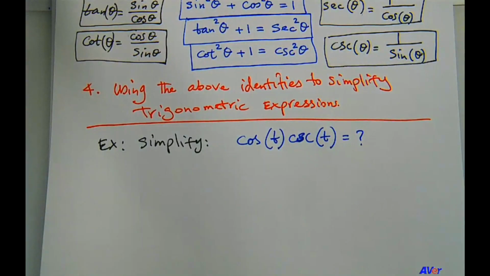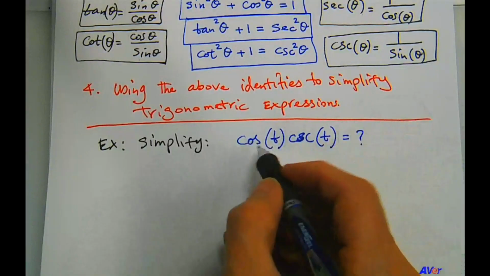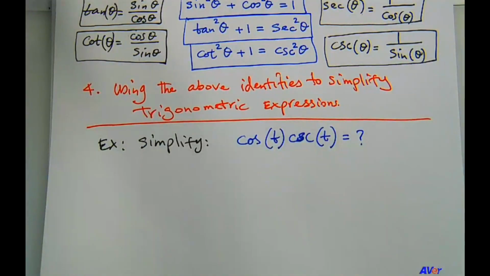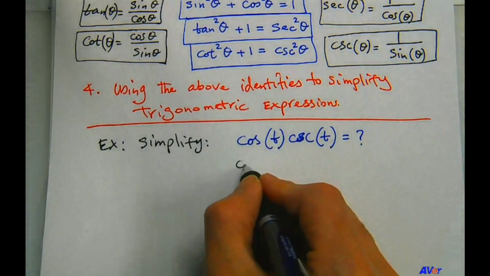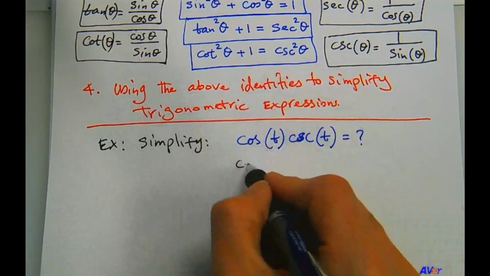Cosine of t is cosine of t. It doesn't get any more basic than sine and cosine, right? When we get to tangent and cotangent, those functions can be connected to the sine and cosine. But cosine and sine are the most basic trigonometric functions. I can't reduce this to anything less than what it is.